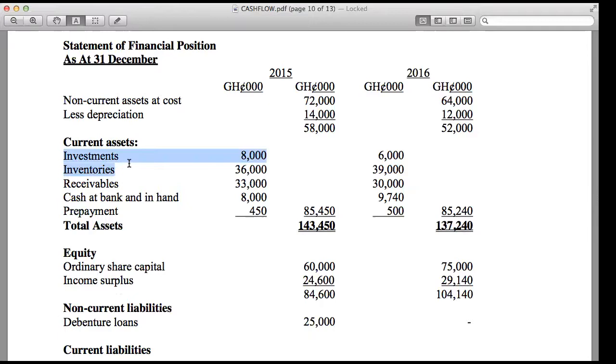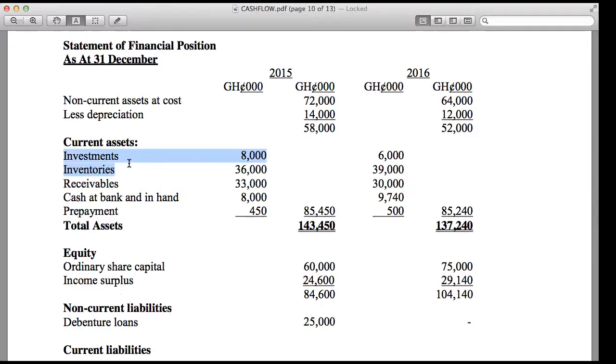I have a 2,000 cedis investment with a certain bank or institution. If I go there today, I'll take my 2,000, no discounting. And it's short term, like just 3 months, 2 months, 91 days, probably within a year.